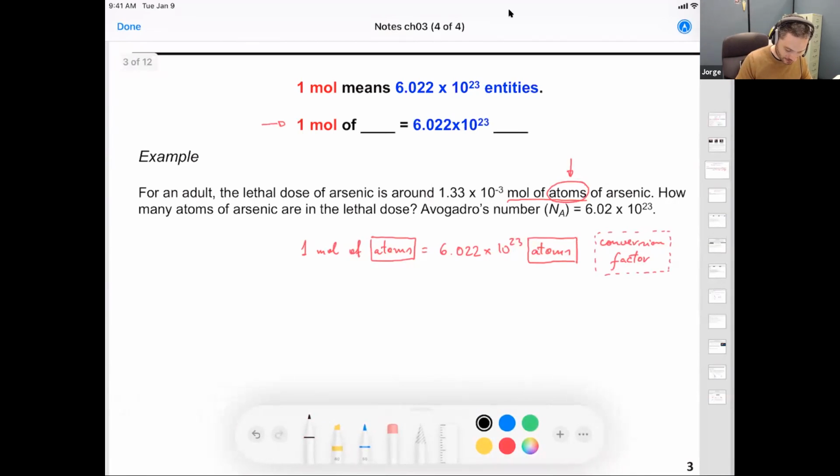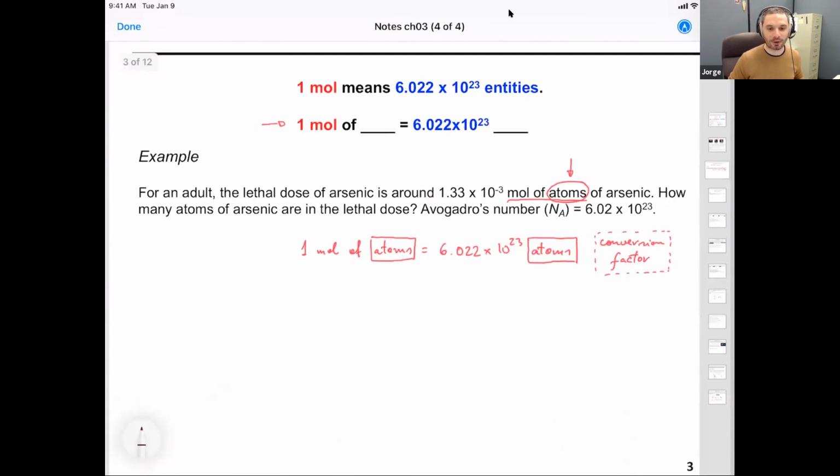So now let's set up our conversion. Remember that I showed you, we are going to label the first column as everything that has moles, and the second column, everything that is the amount of atoms, because that's what we are dealing in this problem.